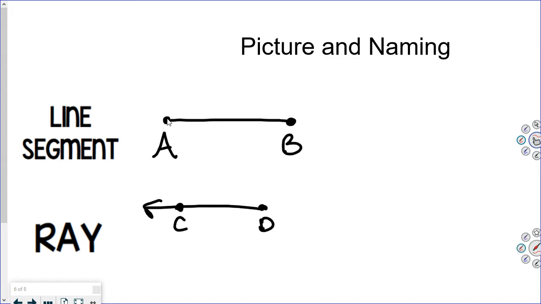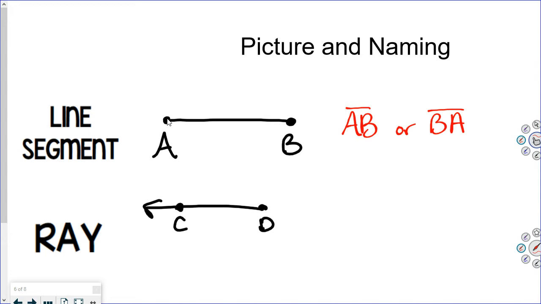So the line segment, you're going to use only 2 points to name it. In this case, you're using the A and the B. You can use it in any order, so you can do AB or BA. The key is you're still using those capital letters, and then you're also going to use the symbol up above that's just a dash. Notice you don't have any endpoints on that dash, it's just the dash over the top.